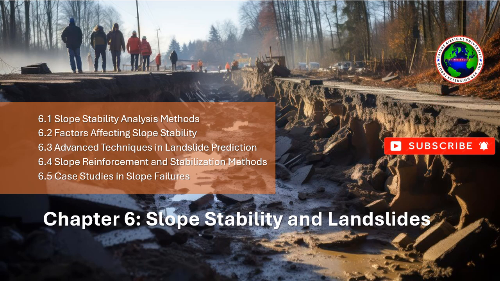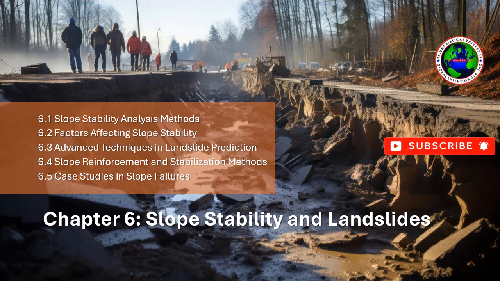Freeze and thaw cycles. In colder regions, freeze-thaw cycles can lead to the expansion and contraction of soil particles, causing them to weaken and become more prone to erosion and failure. Temperature fluctuations.